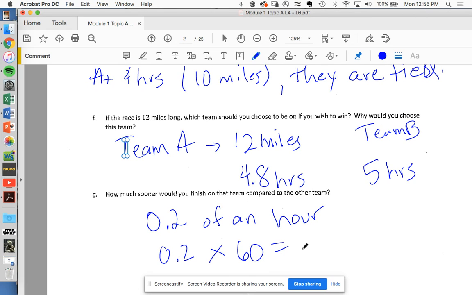This decimal point, that 0 cancel out. It's 12 minutes. Okay? So you'd be done 12 minutes sooner than Team B if you're on Team A if the race were 12 miles long. Which is better than nothing. You can go start relaxing a little bit sooner.